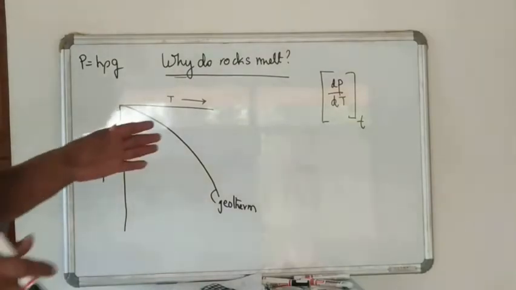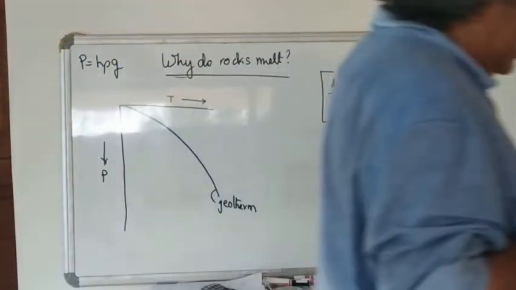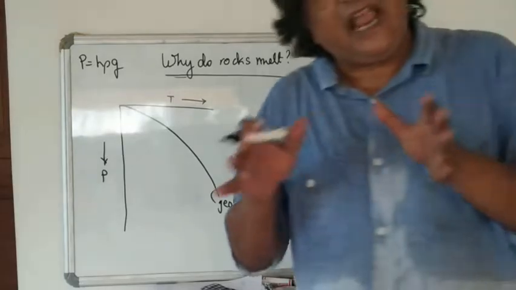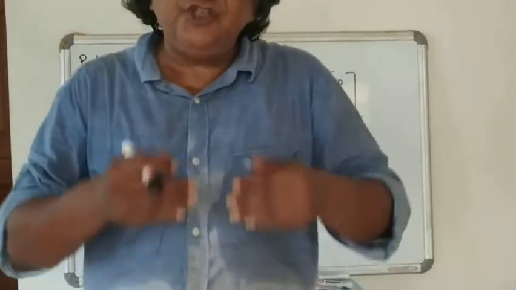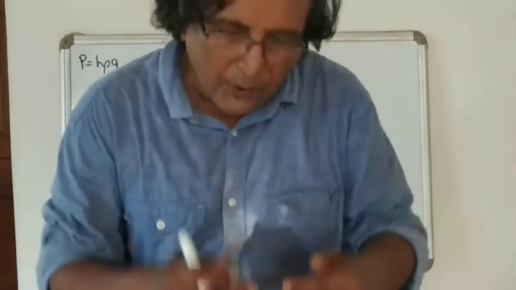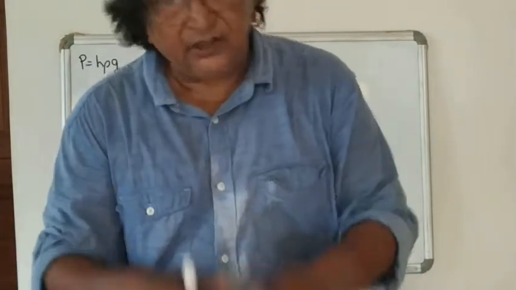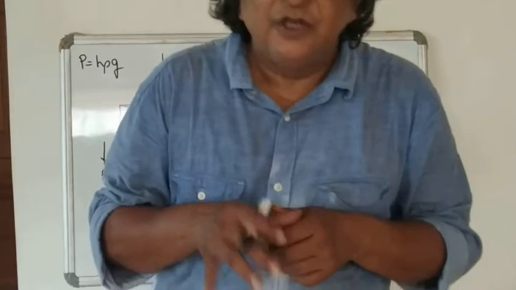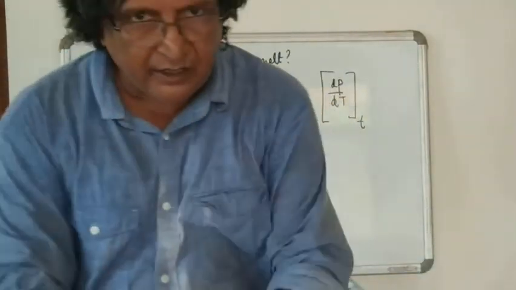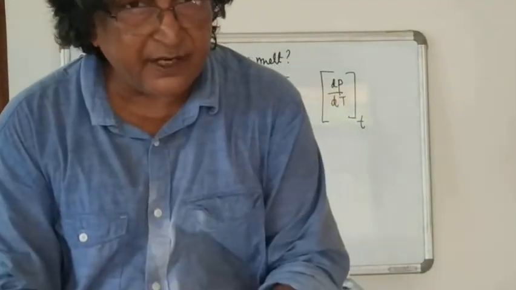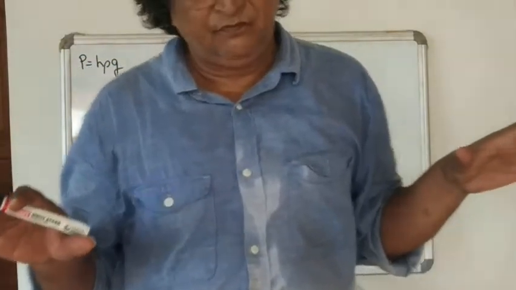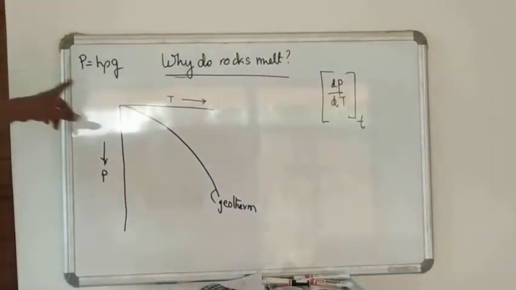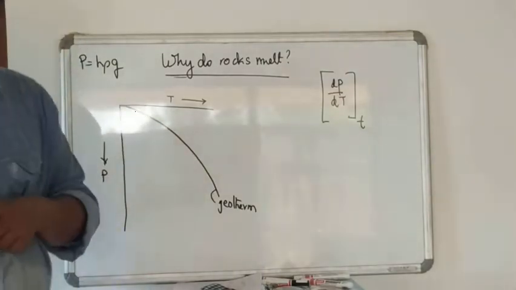So essentially, the geotherm is an isochronous array of points which describe the changing temperature with depth in the Earth at a particular place. So the geotherm here will not be the same as the geotherm in the Atlantic Ocean. They would be different. So this is what is called the geotherm.